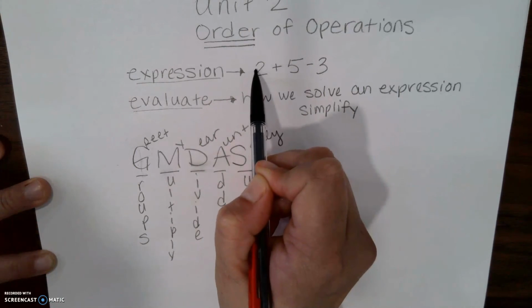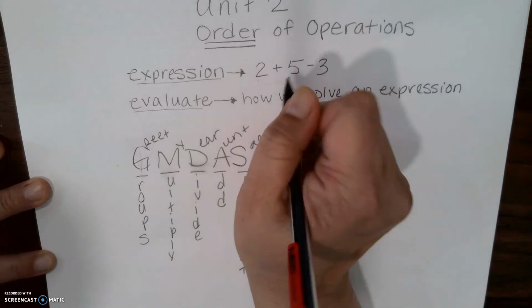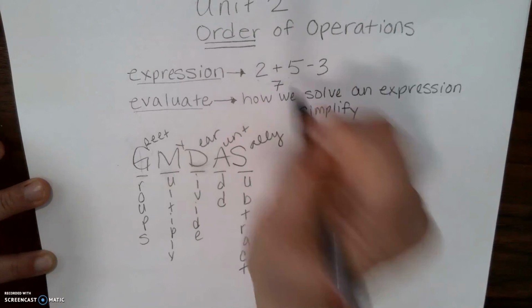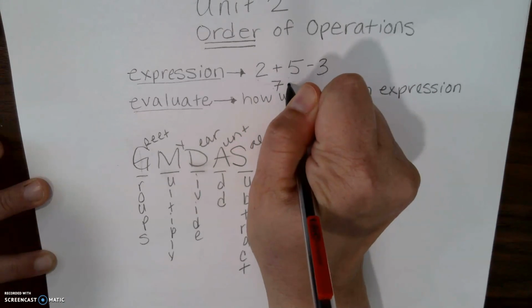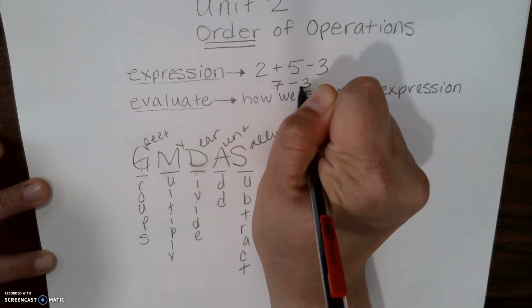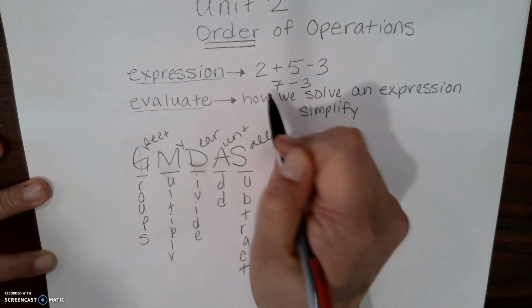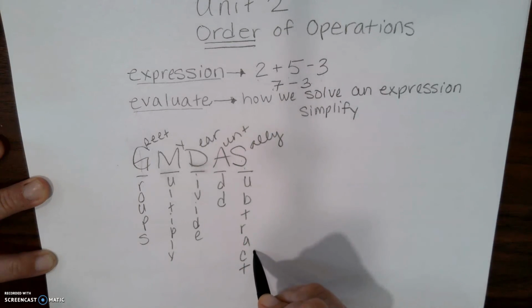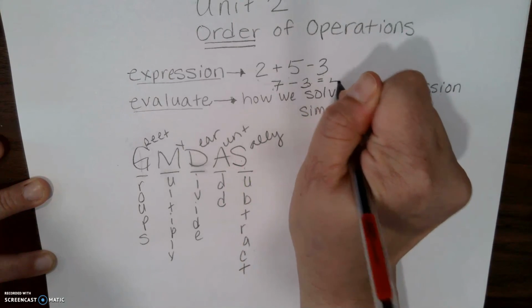So we're going to add first. So 2 plus 5 is 7. And then we bring down whatever's left on the line, so minus 3. And then the only thing that's left is subtracting. 7 minus 3 equals 4.